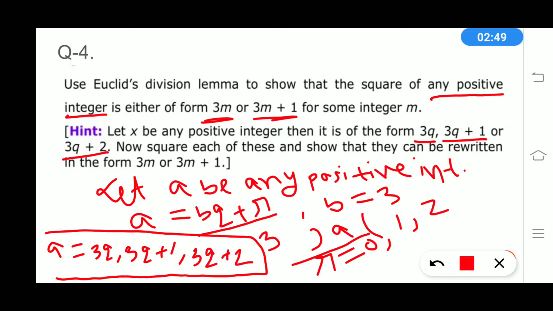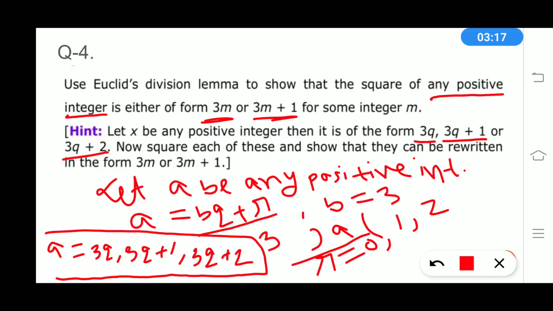So if we take 3q square equal to suppose m, that means 3m, that means it can be written in the form of 3m. Similarly 3q plus 1 and 3q plus 2 can be written in the form of 3m plus 1. Okay student, now see the actual answer.